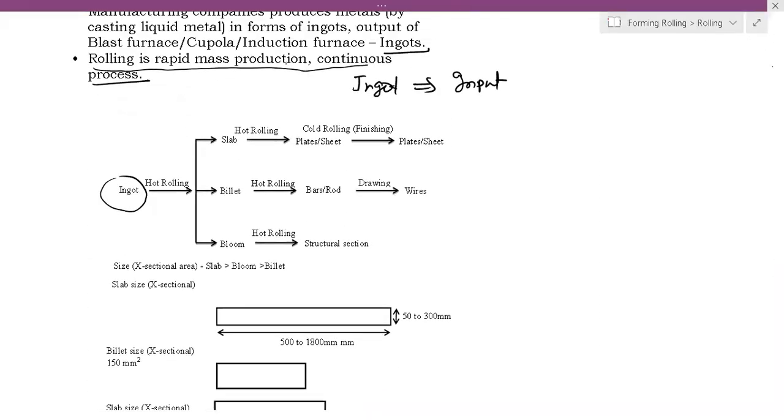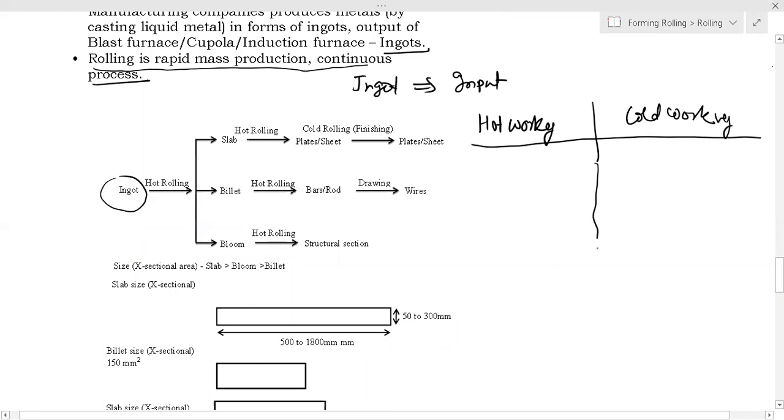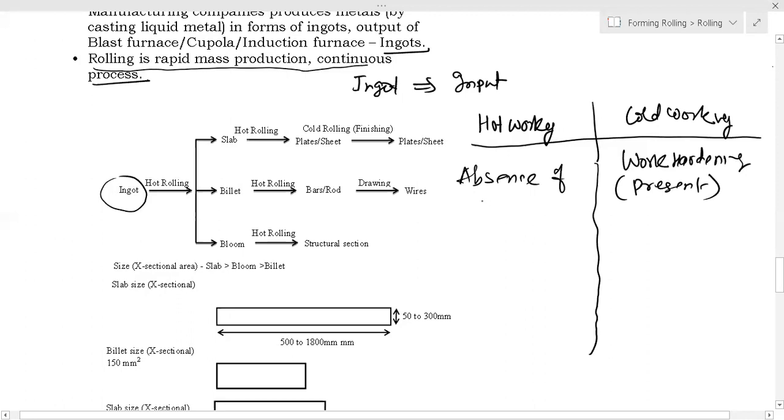Fine. So here I am writing hot working and here cold working. It is applicable to all forming processes. So in the cold working process, you know, there will be work hardening present, and in hot working there is absence of work hardening.